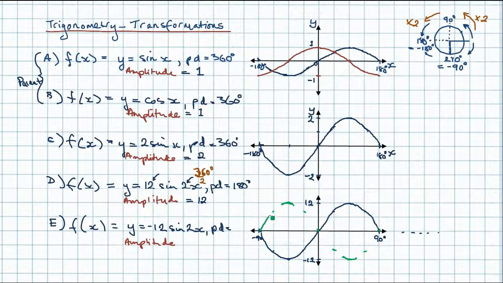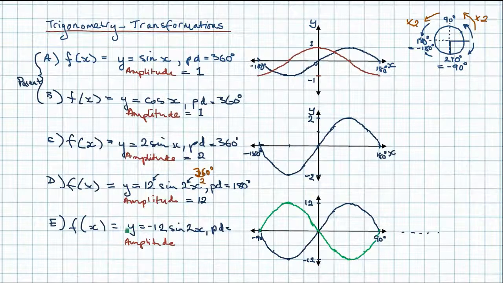And this will always happen for any function. If we have a negative multiplier in front of the function, we're going to have this sort of flipped curve, you could say, which with the sine function is going to look like that.